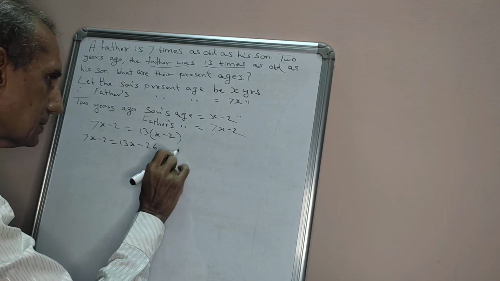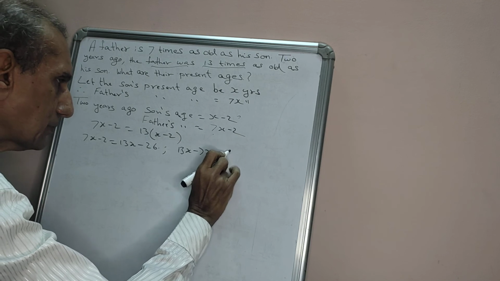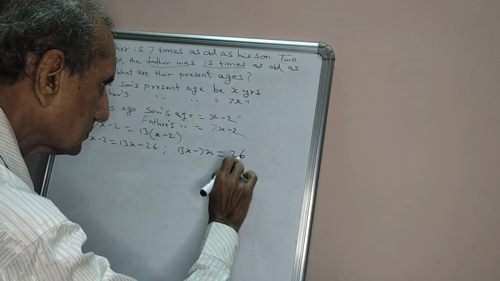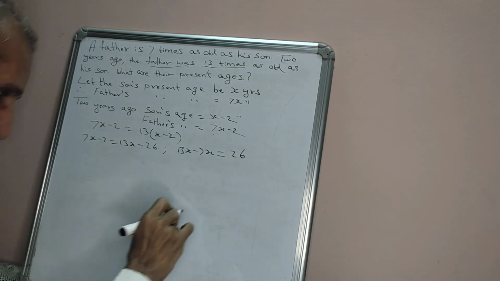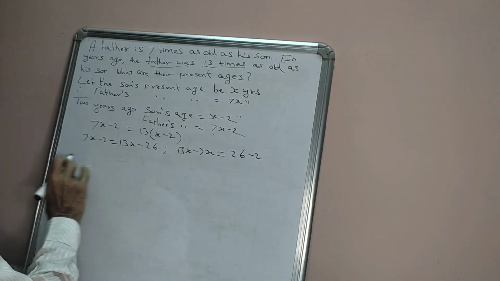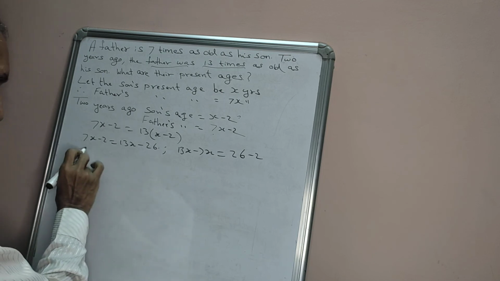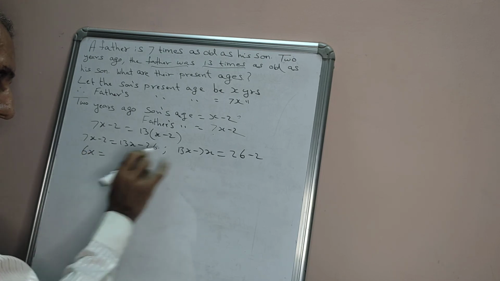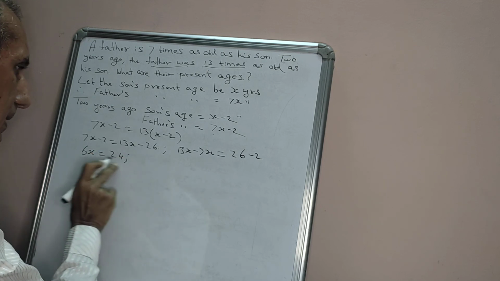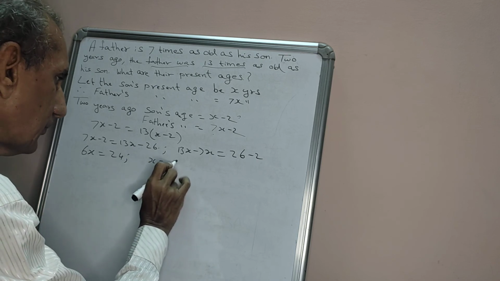What do I get? 13x minus 7x is equal to 26 minus 2, so that will be 6x equals 24. Dividing both sides by 6, I get x is equal to 4.